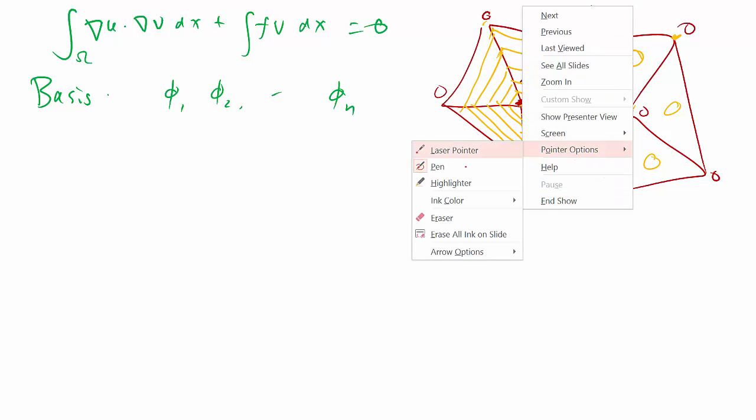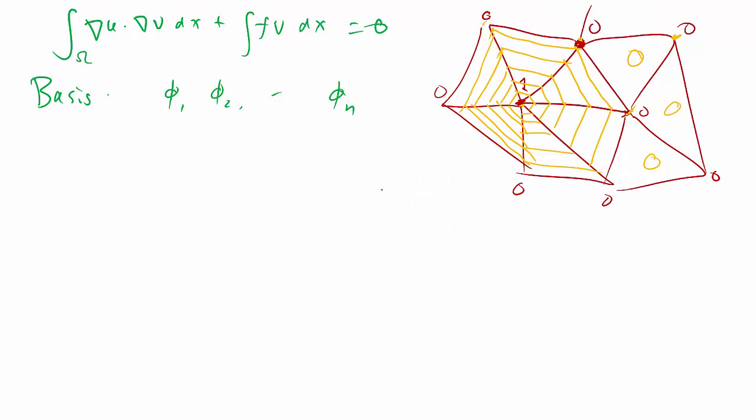After I define the basis, I write both u and v in terms of a linear summation of the basis functions. So u becomes a summation, i goes from 1 to n, of ui times vi, which is a function of x, and ui just becomes a number. It's no longer a function. And v can also be written as a summation of these basis functions.